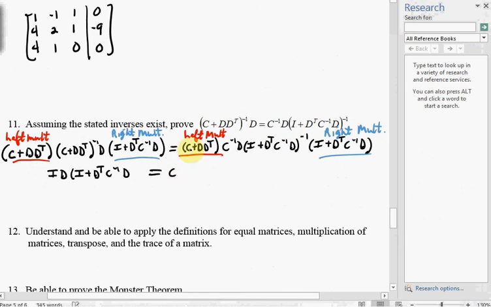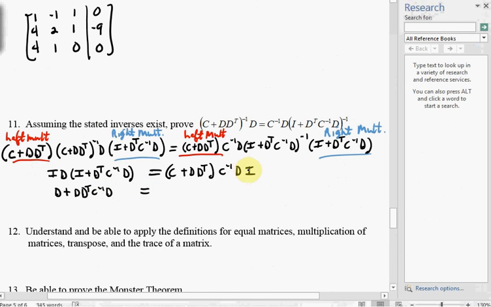So this leaves me with (C plus D transpose) times C inverse times D times I. So here, on the left side, I times D is just D, so it's D times parentheses. I get D plus D times D transpose C inverse D. I'm finished on that side.